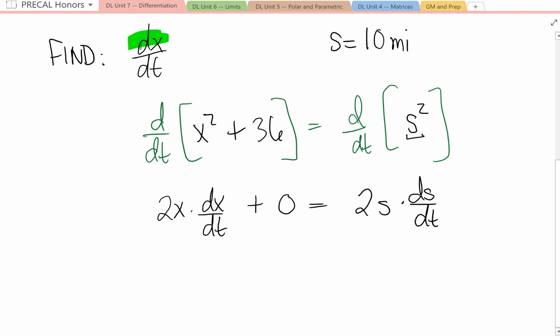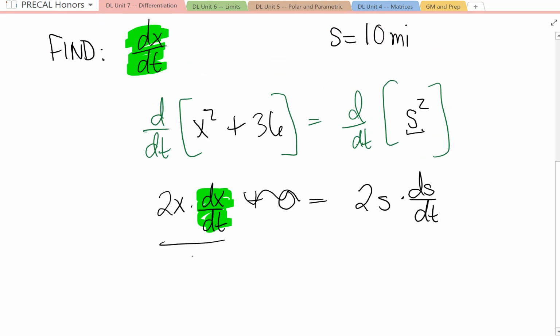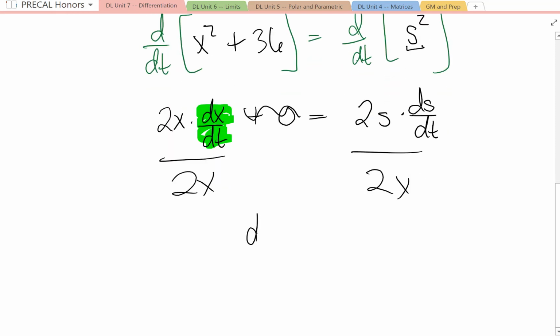We're trying to find dx/dt. So that's what I would like to isolate and then substitute the values that I know. We'll divide both sides by 2x, which makes this an even simpler substitution of s over x times ds/dt.